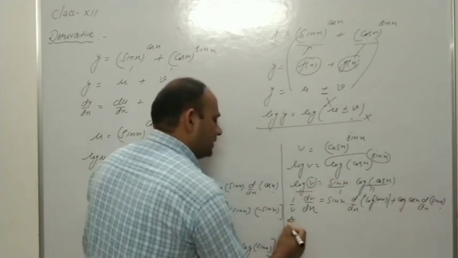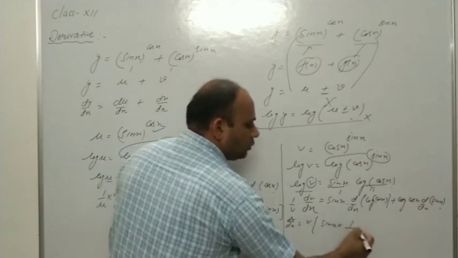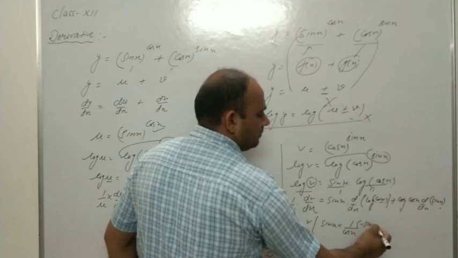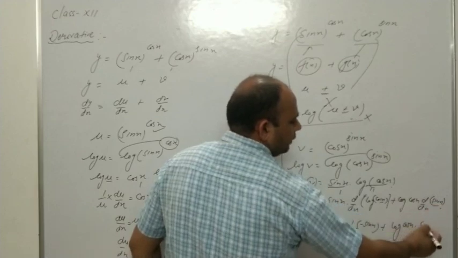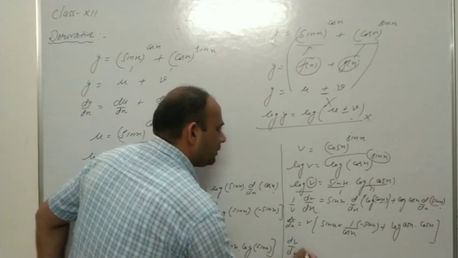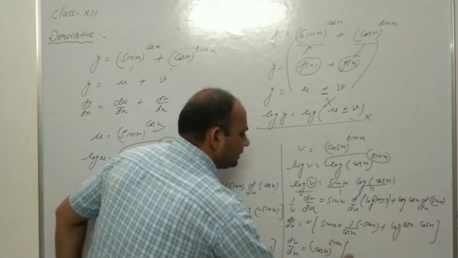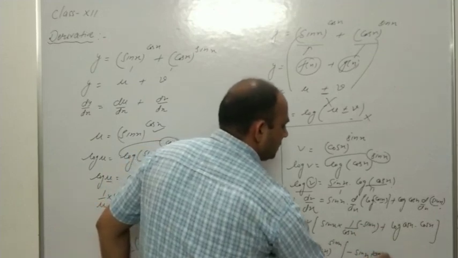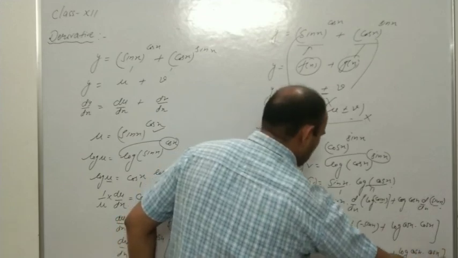So dv by dx is v multiply sin x, derivative of log cos x is 1 by cos, derivative of cos x is minus sin x, plus log of cos x, derivative of sin x is cos x. Now what is value of v? V is cos x raised to the power sin x. Now minus sin x, sin by cos, tangent x, plus log of cos x into cos x.